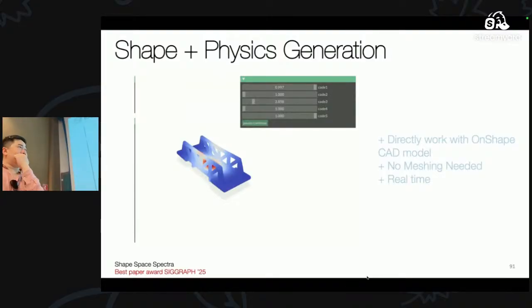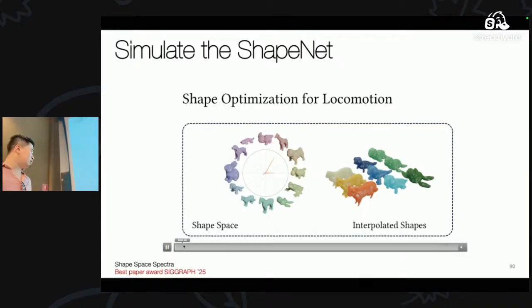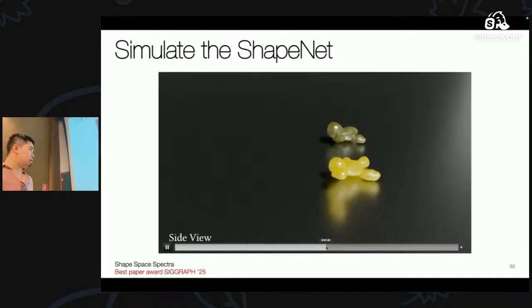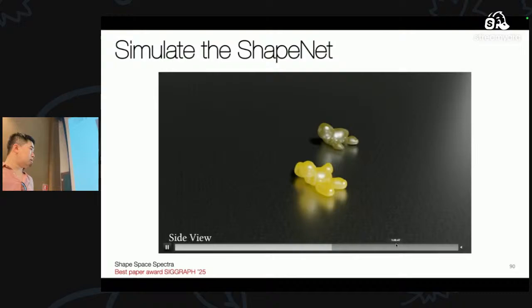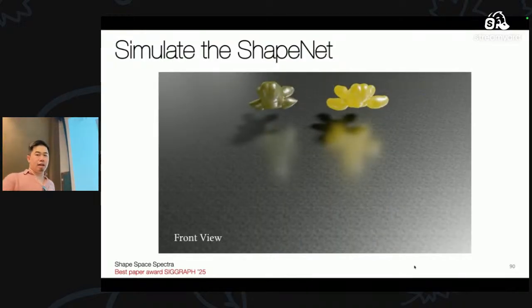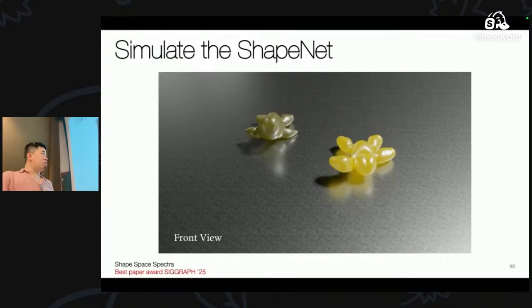You're no longer bound to a particular mesh, all that stuff. And you can do inverse designs. Not surprising, but again, that's the benefit of not being bound to a particular mesh.